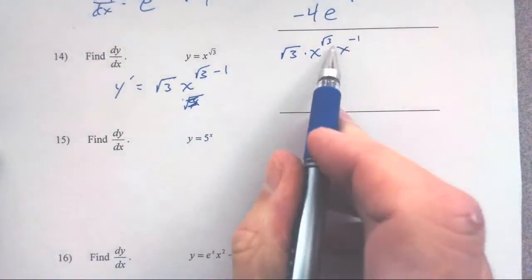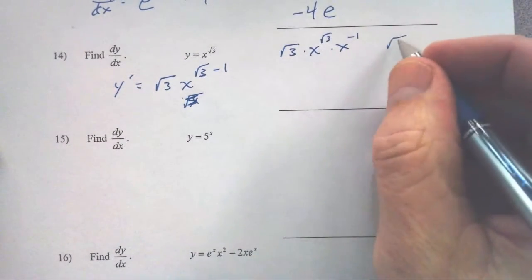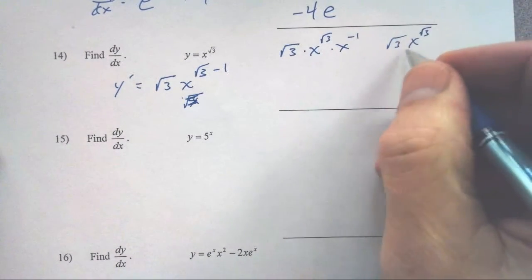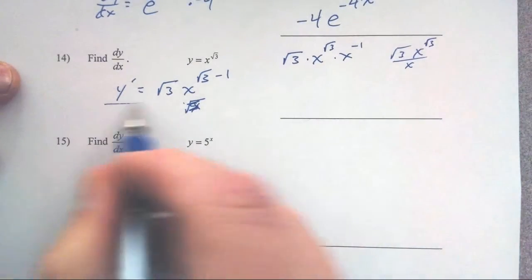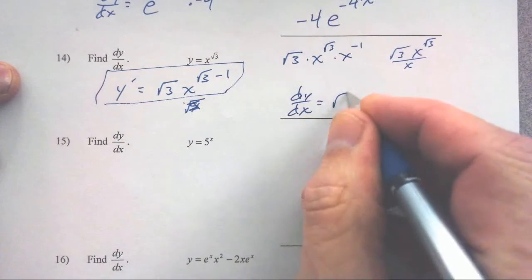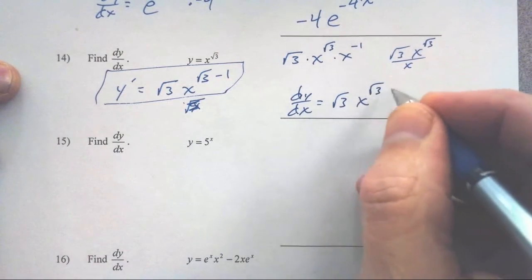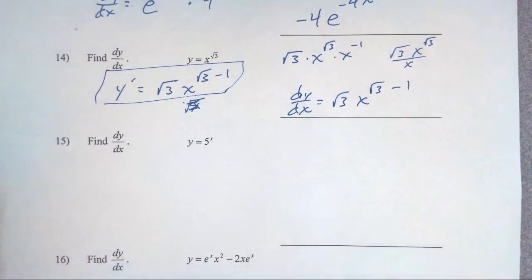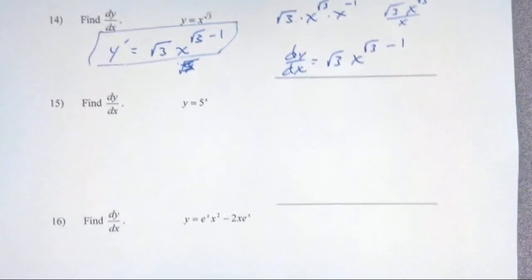You see how that would be the same as this? And then we could get root 3 x to the root 3 all on x, but I don't see that as being anything preferential to this. dy dx is root 3 x to the root 3 minus 1.